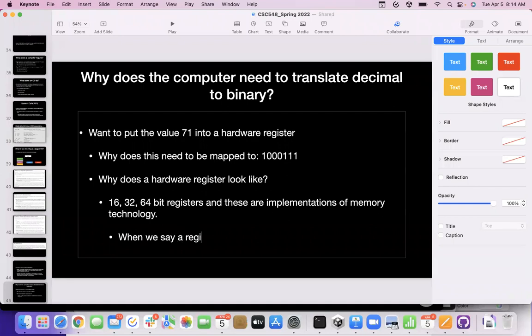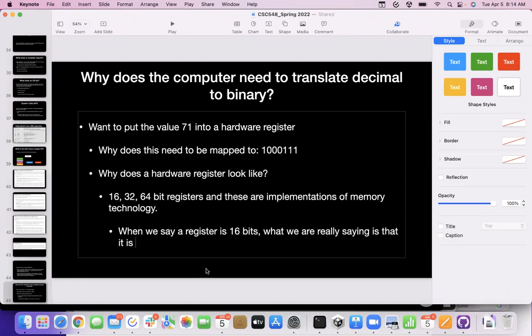When we say a register is 16 bits, what we are really saying is that it is capable of holding 16 individual zeros or ones. Okay, so we can really think of a hardware register as 16 individual little buckets if it's a 16-bit register. If it's a 32-bit register, it has 32 individual little buckets. And each of those buckets can hold a single bit, a 0 or 1.